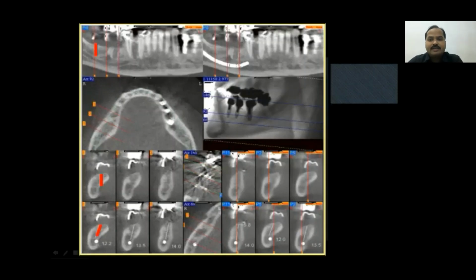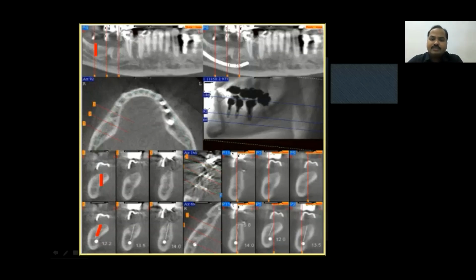Then we have to decide the length and width of the implants. Then third thing, we have to see how much space after placing the implant will be there in between the natural tooth and the implants. So all these things can be taken up and the surgery of implant can be planned well in advance.